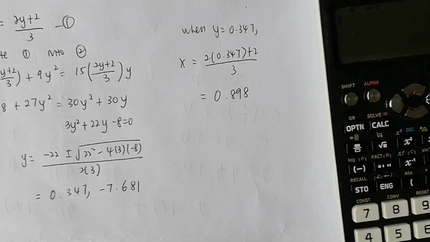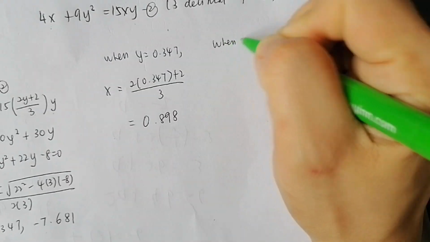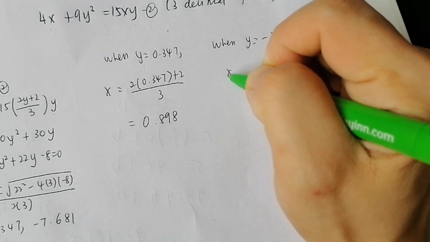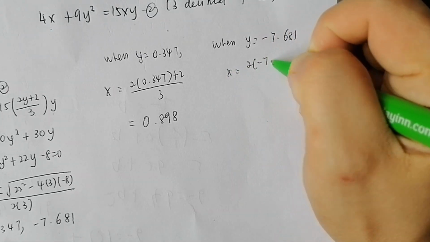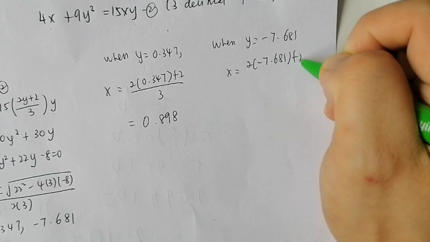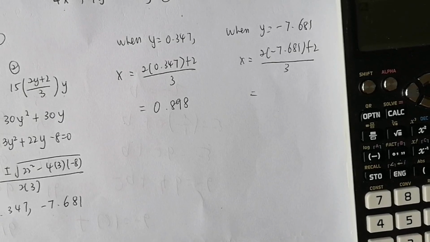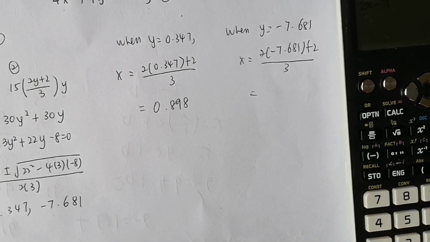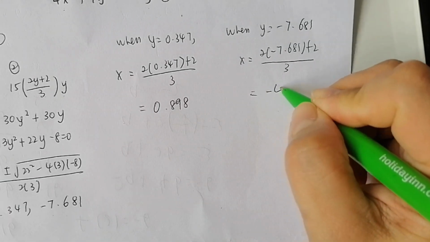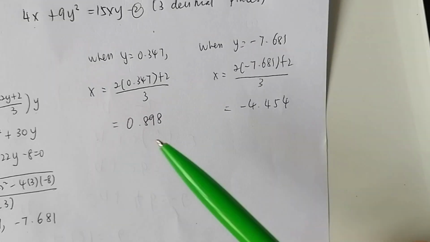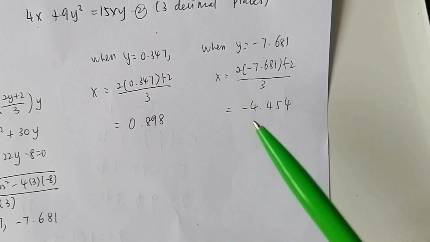Another one is when y equals negative 7.681, so your x will be 2 times negative 7.681 plus 2, divided by 3. The final answer will be negative 4.454. So you are going to have these 2 pairs of solutions.